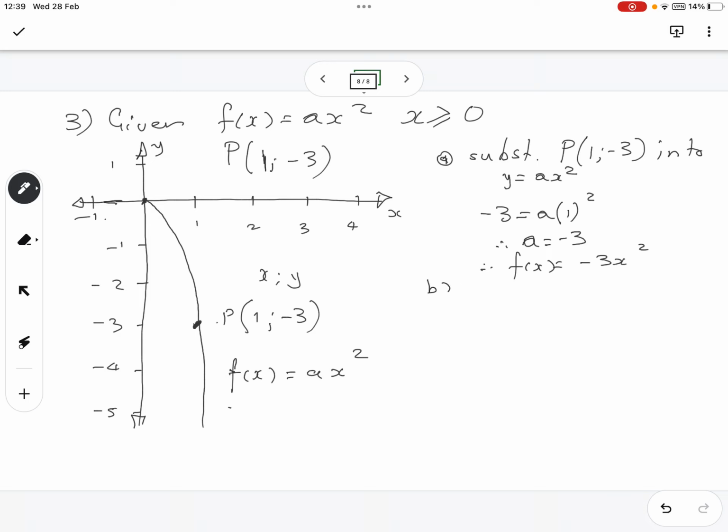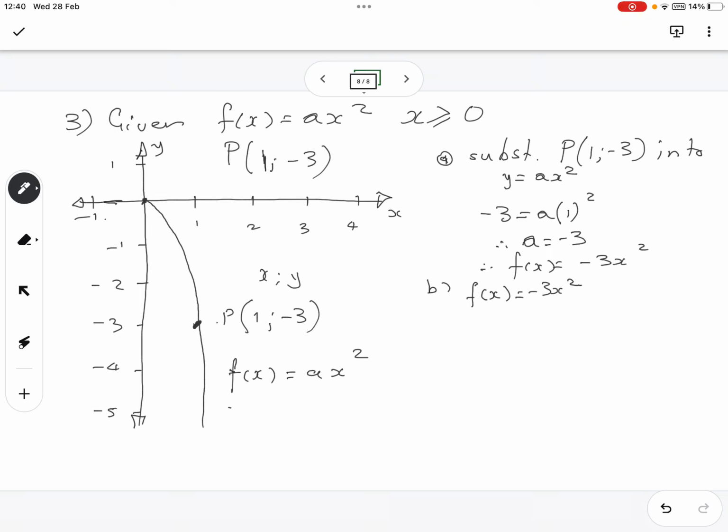Part B, we must state the domain and range of f. F of x is negative 3x squared. Remember, we're only given this half of the parabola, so we must state the domain and range of this part.